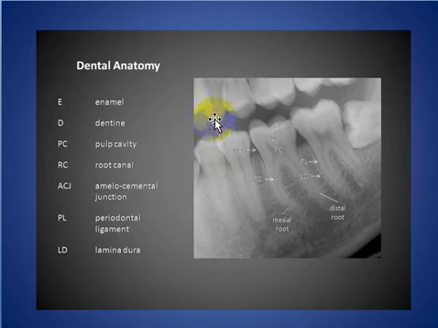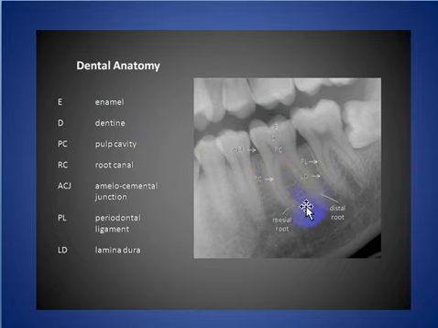Again, here is the summary of the dental anatomy. The most radiopaque is the enamel, and below it are the dentine and the pulp cavity, which is radiolucent, and the root canal.